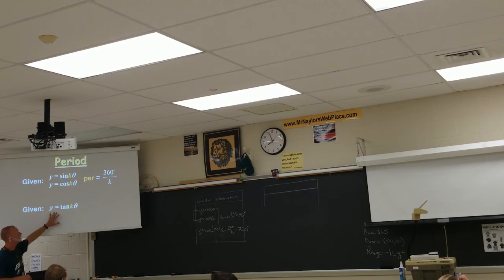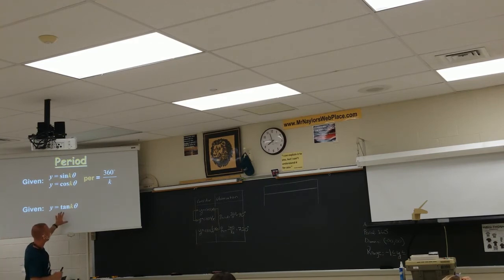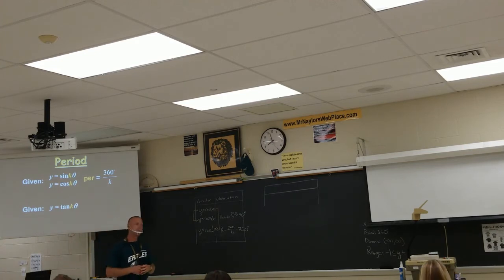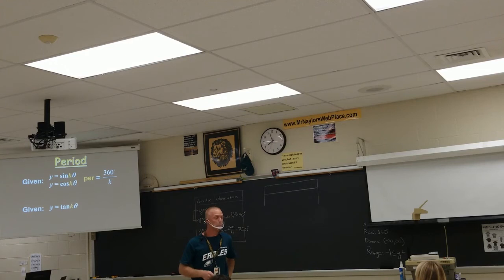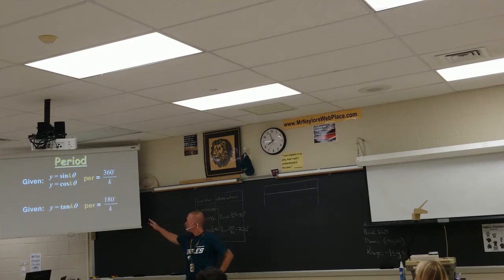So how about tangent, hanging out here by itself? We didn't look at it up on the screen, but can you adapt the rule? This time you would be taking what divided by k? 180. 180 would be the original period divided by k.